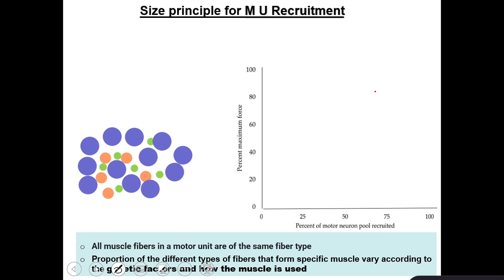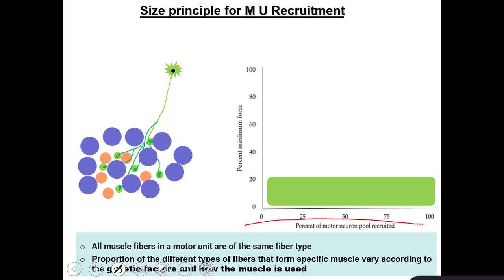So suppose that you are starting to work out, you will begin recruiting the slow oxidative muscle cells. So here, the ones of small size are active and they can stay working for hours, but again the force produced is low. So here you are having only 20% of your maximum force.